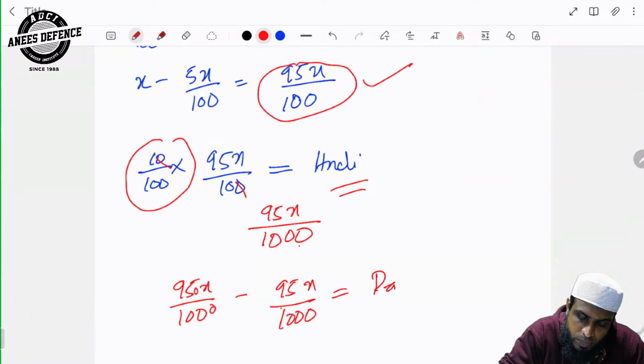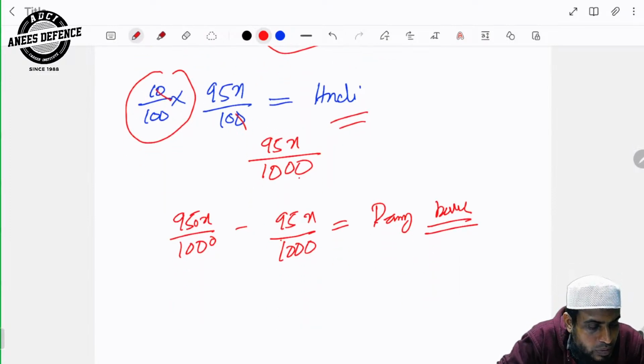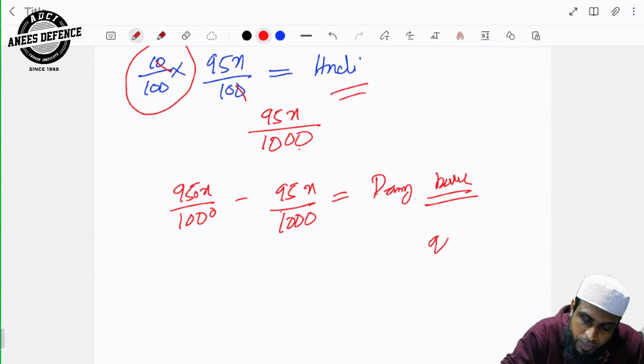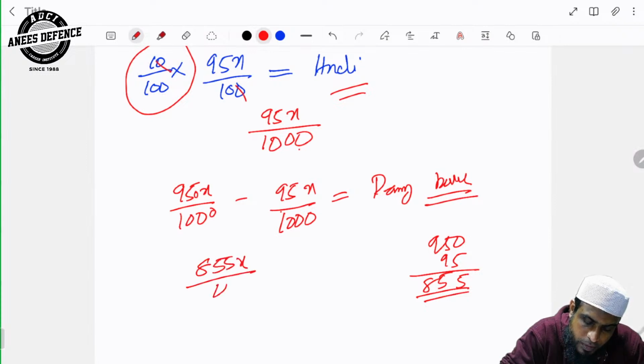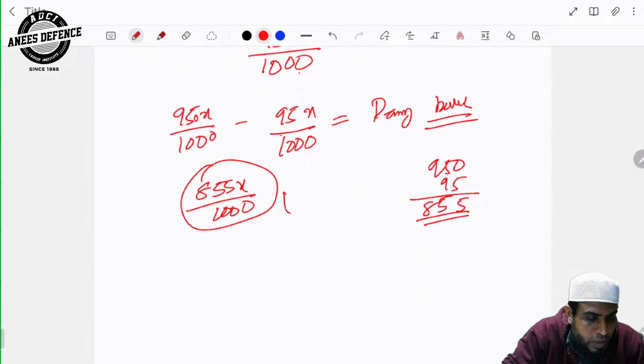This is the remaining books after Hindi. So this will be 950 minus 95, 855. 855x by 1000. This is the remaining books.